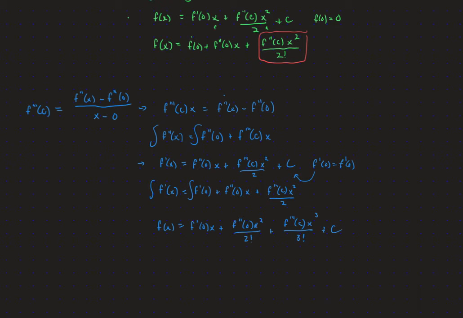And then we'll get the constant of integration. And of course, we'll use f of 0 equals f of 0 for our initial condition. So plugging in 0 for all the x's is going to make that constant be our f of 0.